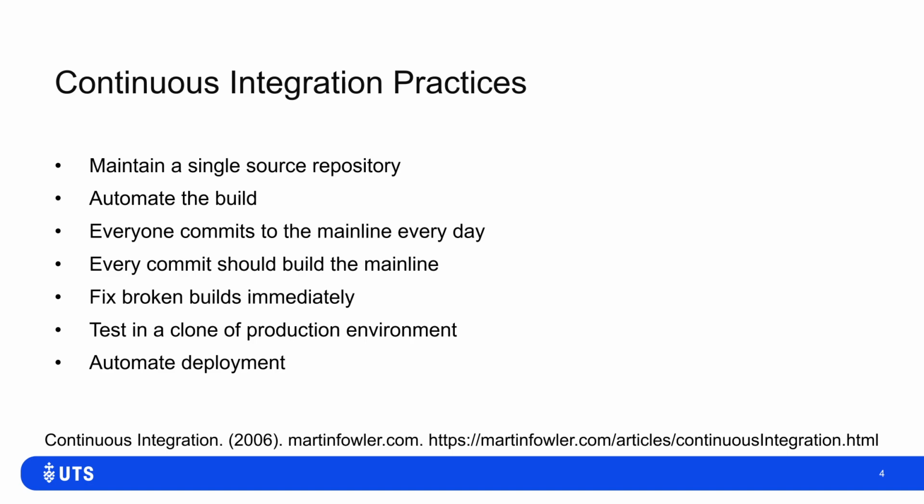You commit a new version, and then you can rebuild things to check if there are any errors, and then every commit should build the mainline. So we need to fix broken builds immediately. Once you get any errors from the build, you need to fix them before you move on.